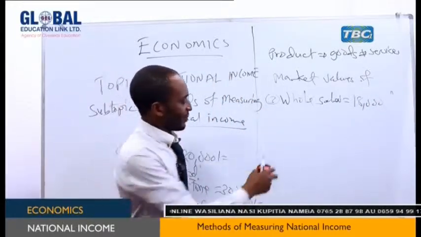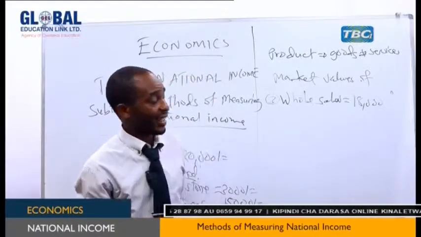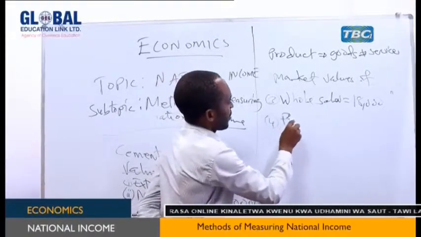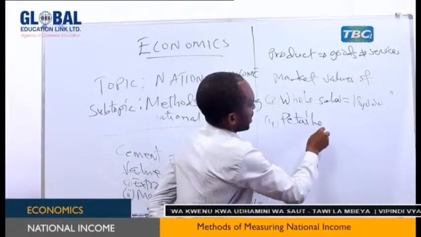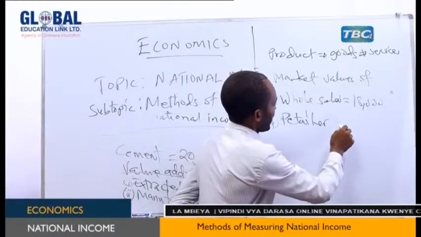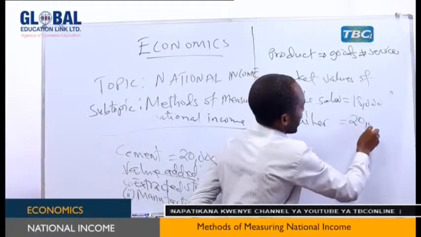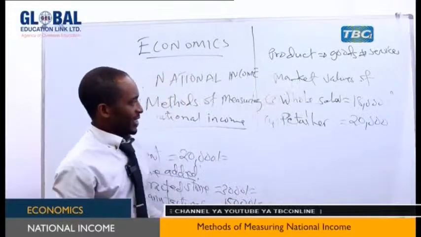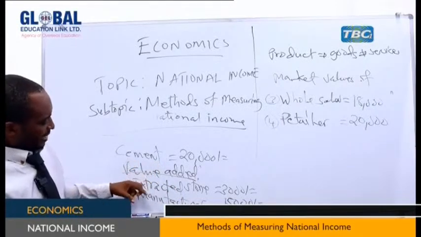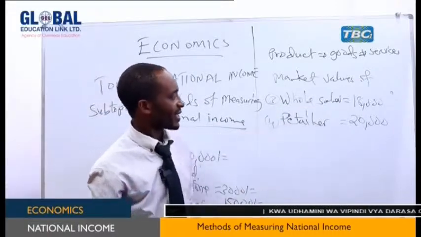Also, the wholesaler will sell this cement to the retailer. Number 4, let's say the retailer will buy cement from the wholesaler, and the retailer will sell this cement at 20,000. So you can see this process of cement passed from stones, manufacturer, wholesaler, and retailer.